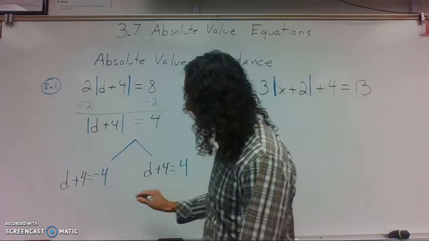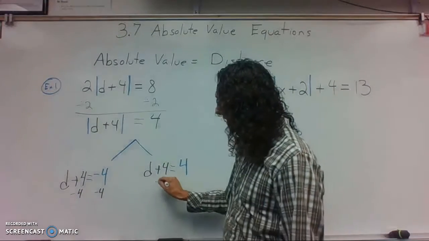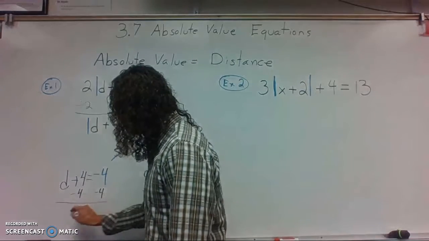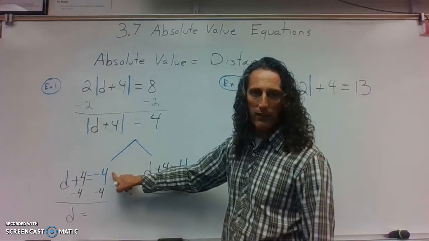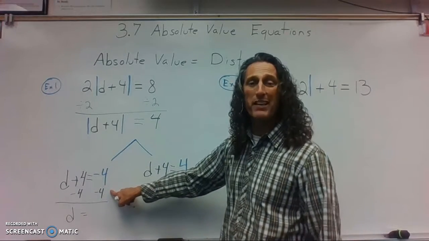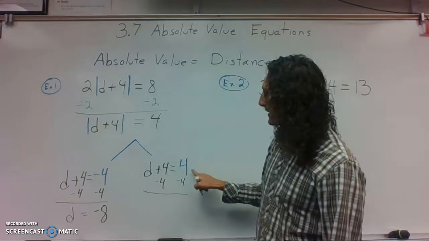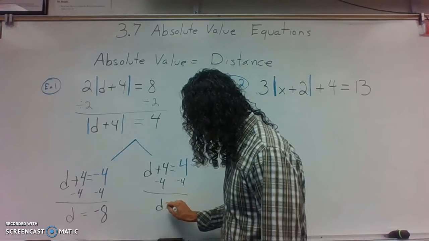So now I just solve these, minus the 4, minus the 4. It's the same. It's the same. The difference comes in, again, this 4 is negative. And when I put another negative with it, it becomes a negative 8. Over here, because that's a positive 4 and that's a negative 4, this one becomes 0.